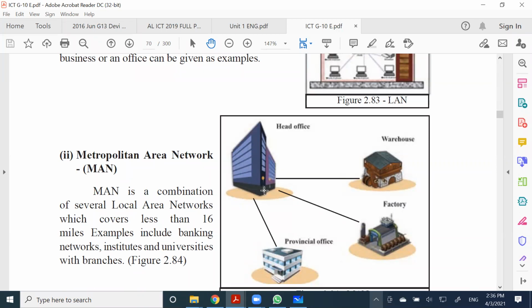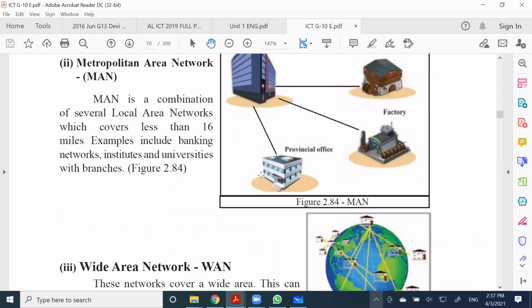If a building has 10 floors, with a local area network per floor, connecting those networks together creates a metropolitan area network, like the picture shows: the head office, warehouse, factory, and provincial office. It's not that big, but it's comparatively bigger than the LAN.